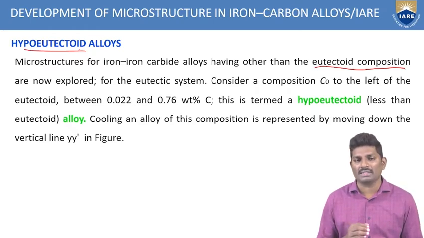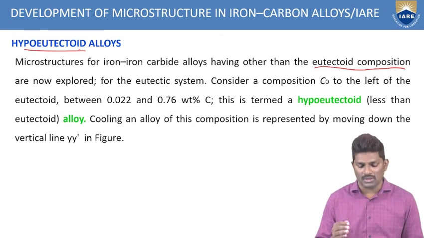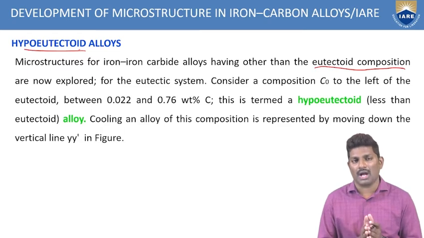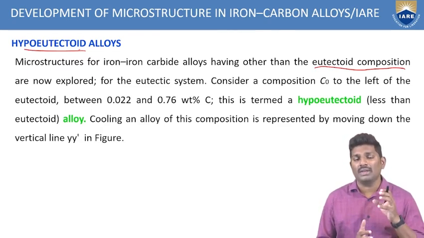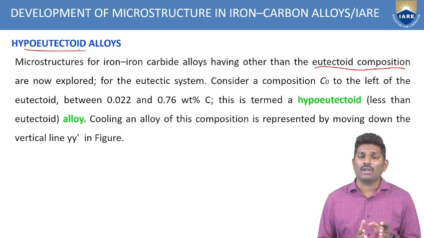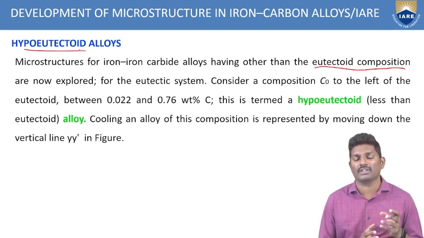Now up to 0.76 percentage, we get the eutectoid composition in the iron carbon diagram, is it not? But below 0.76 percentage, those alloys or compositions are called hypoeutectoid alloys.